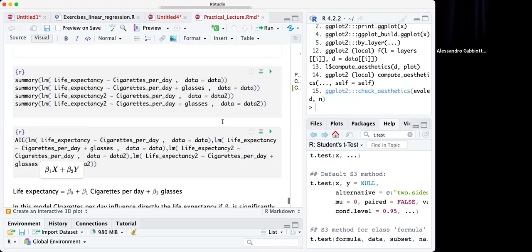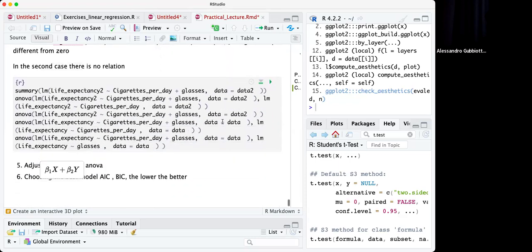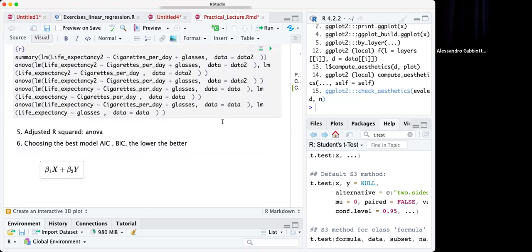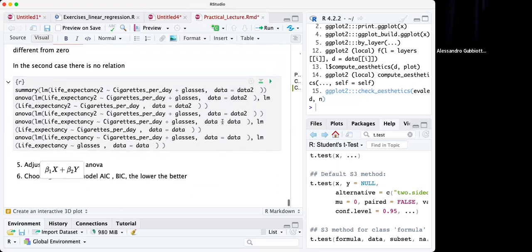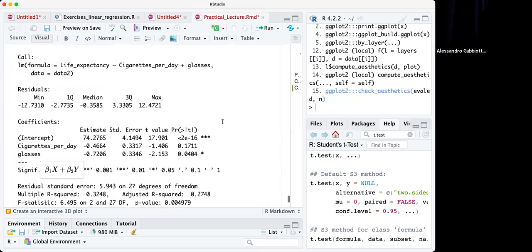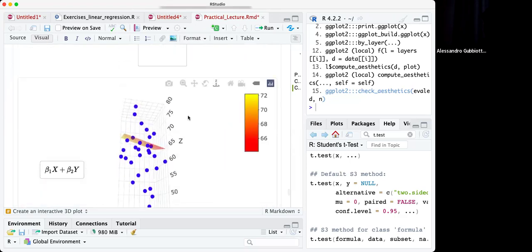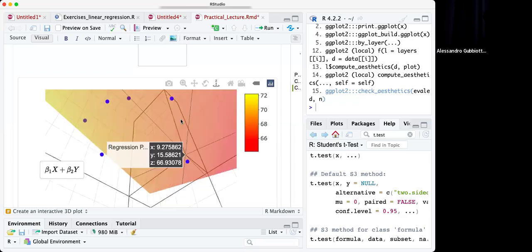And okay, correlation doesn't imply causation. So what can be the last topic?